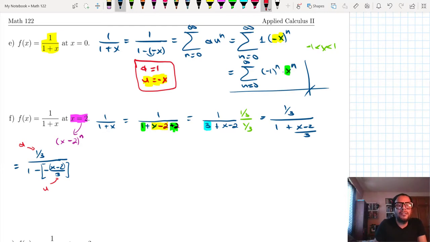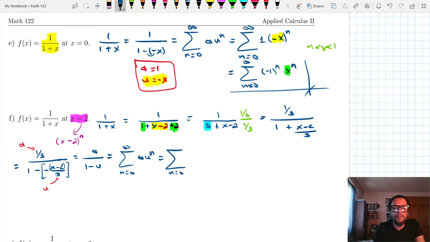Now we are ready to write this as a over 1 minus u, which in this case is sigma n equals 0 to infinity of a u to the n. What is a? A is 1/3, not 1 like on the previous example. And u is this whole thing, negative x minus 2 to the n, divided by 3 to the nth power.